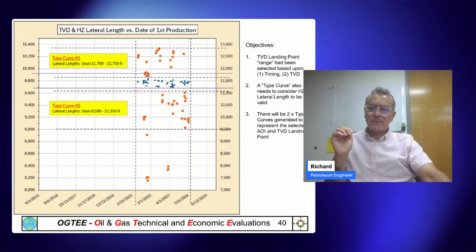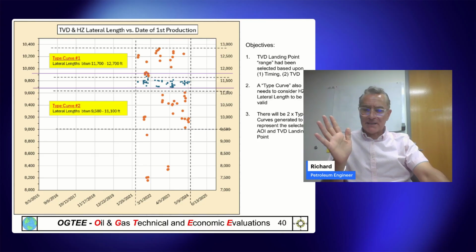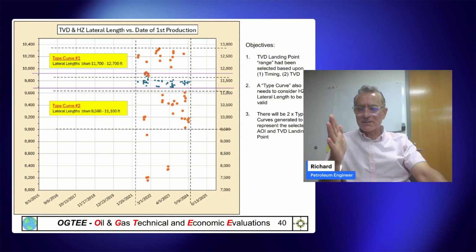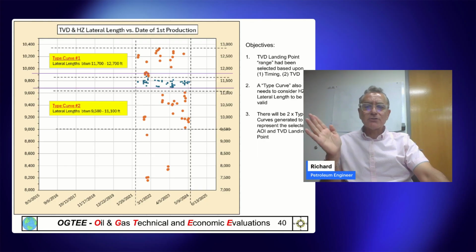You can, and many people do, whether they do it personally or use some other software, do it on an EUR per foot basis. I know that the TVD depth is this range right here, and the horizontal length range is between approximately 1.5 miles at the very bottom to approximately 2.5, so you could go through there and do that.